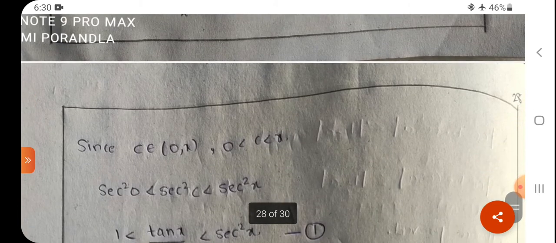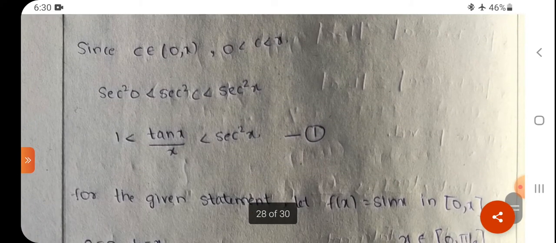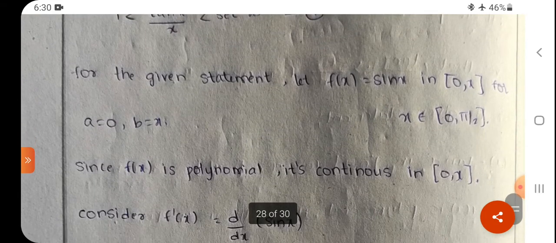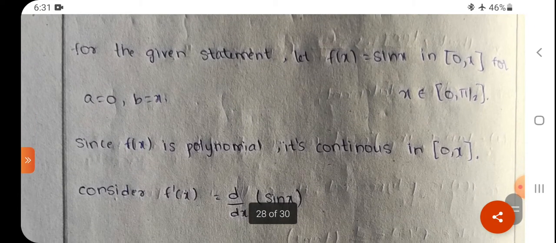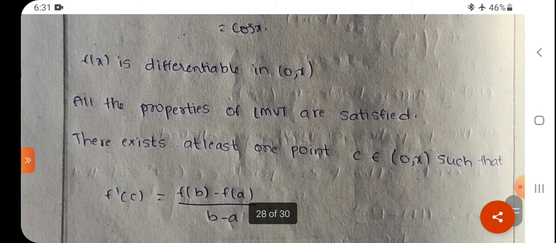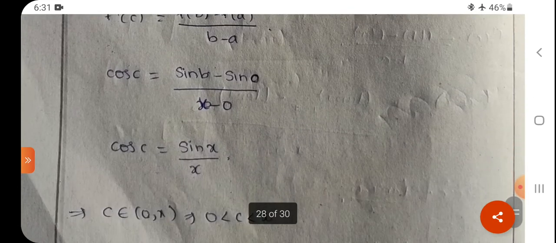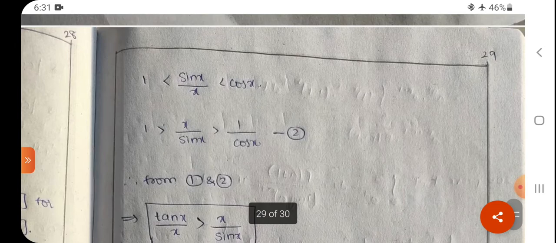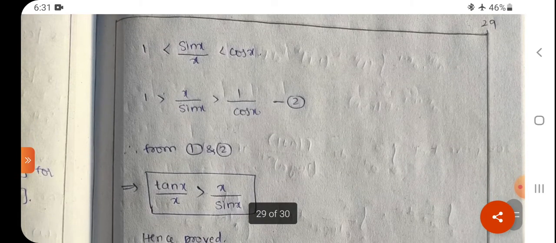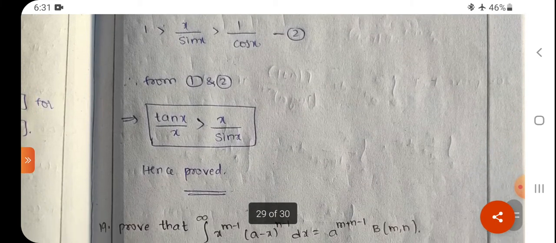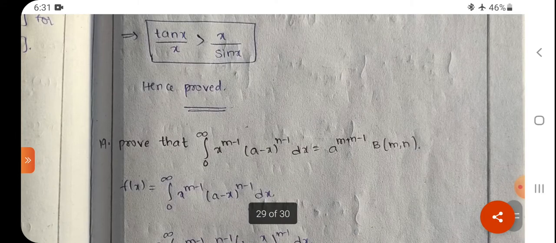For the second one, you take f of x equal to sin x, and again on simplification you get one more expression, and by taking the point belonging to (0, x) you get that value. So by combining equations 1 and 2, you will get your required answer.